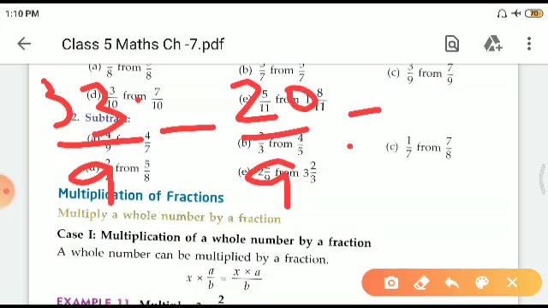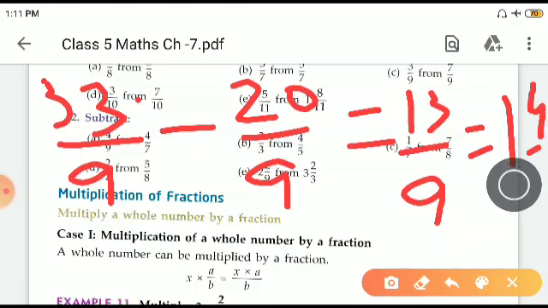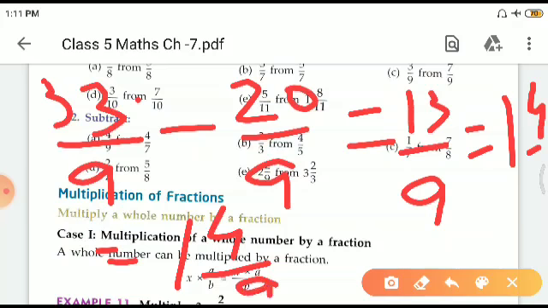So denominators are the same, so I will be writing it here, 13 upon 9. Now here this is also improper, so I will be changing it into mixed. This will become one whole number 4 by 9, right? Okay, so I will be writing here is equal to one whole number 4 by 9, right? This is how you need to do it.